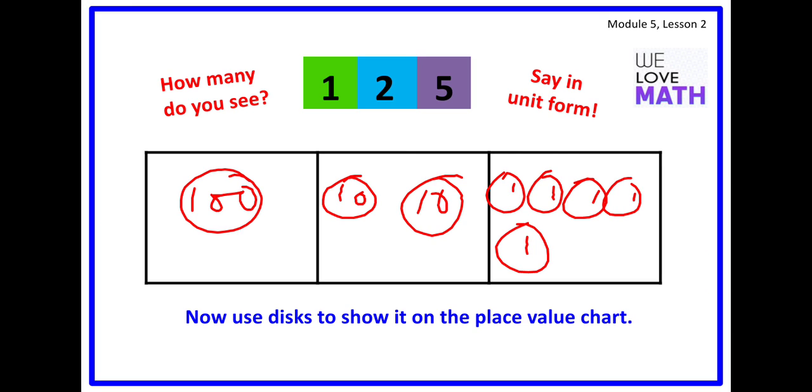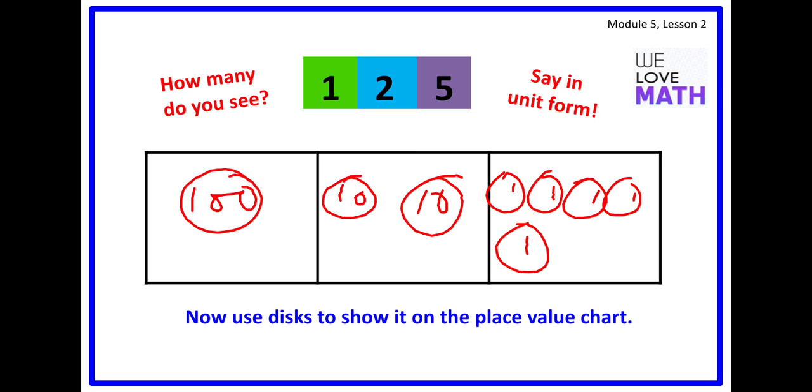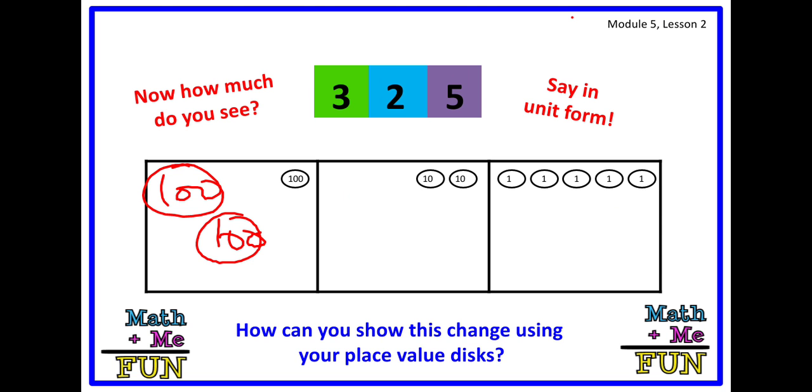Now here's a place value disk. 125 has been represented in the disk. How can you show these changes using your place value disk? Remember, we have 125, but here we now have 325. What is the change? 2 more hundreds were added.